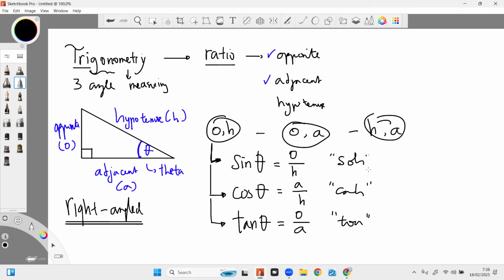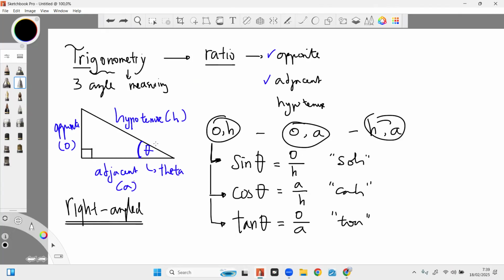So how do you find sine? Opposite over hypotenuse. And how do you find cos? Adjacent over hypotenuse. This theta might vary. It is always a certain angle, and some angles can be memorized, called special angles.